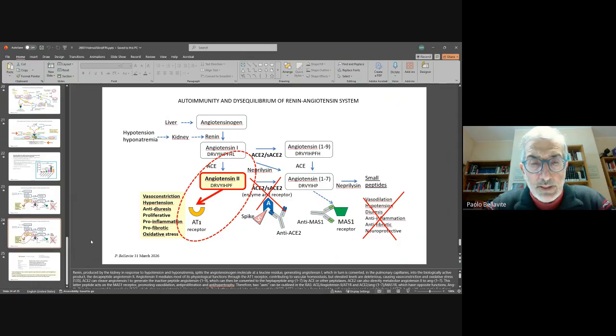So this mechanism leads to an increase of this axis and disruption of the system's equilibrium, with significant consequences due to the lack of the anti-inflammatory and anti-hypertensive axis. The case we described also highlighted the probably pathogenic effect of MAS1 receptor deficiency on the sensory and autonomic system.